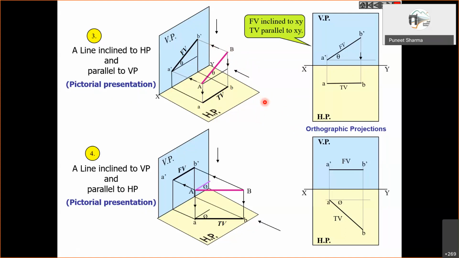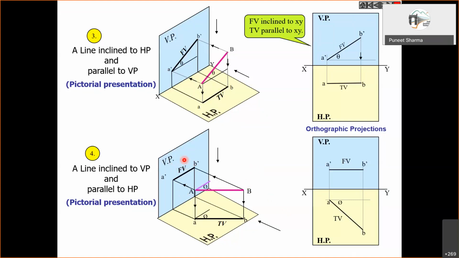Okay, fine. Now similar thing actually could be discussed for this other diagram also. That is, we can try to consider this capital A fixed, phi constant, and then move this capital B. If we do so, then again what we'll observe is that in the front view this B dash will have a tendency to move along a circular arc about A dash, right?